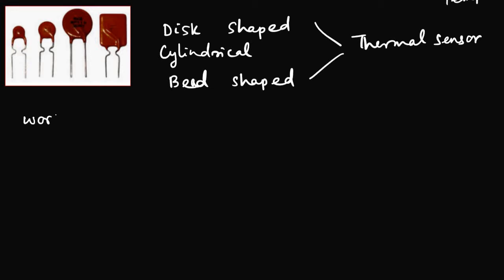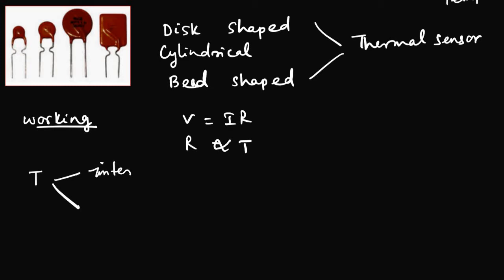Working is basically according to Ohm's law, which says that V equals IR, and we also said that R is directly or somehow dependent on the temperature. Now if it is dependent on the temperature, in a thermistor the temperature can be changed in the circuit in two ways: internally or externally.